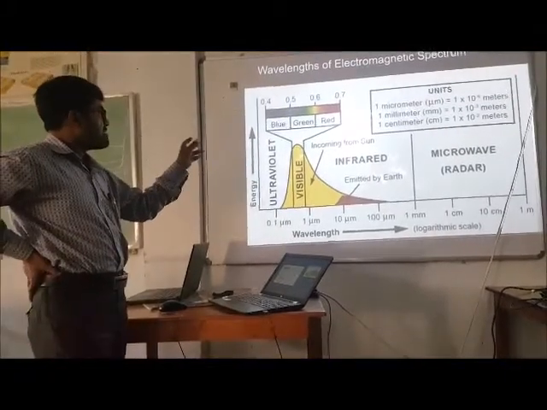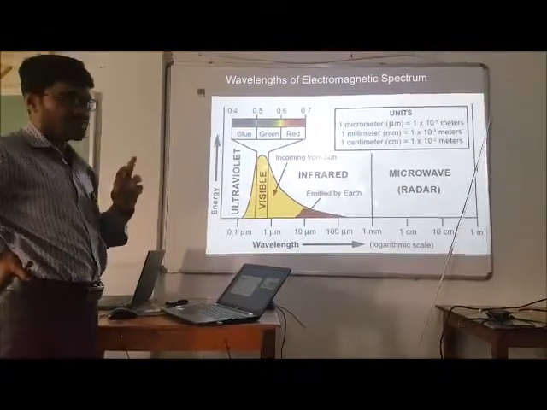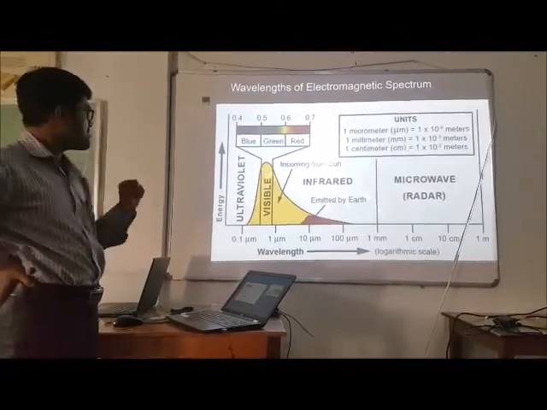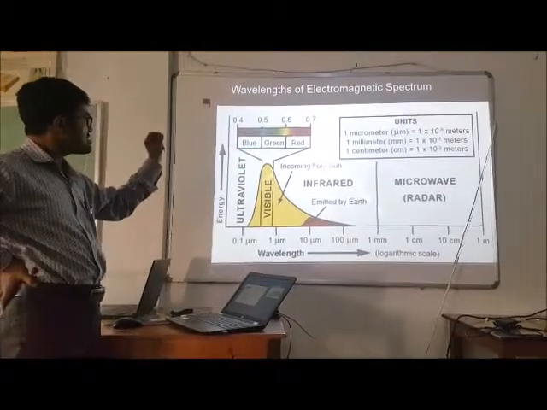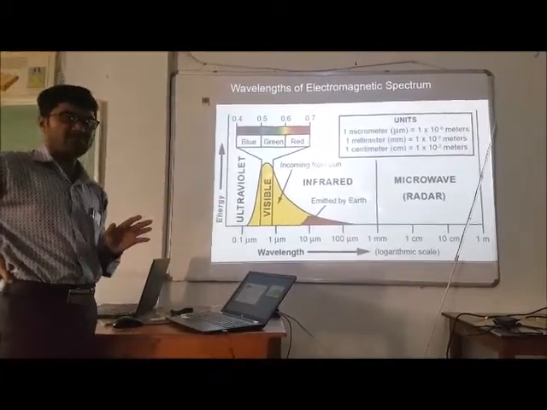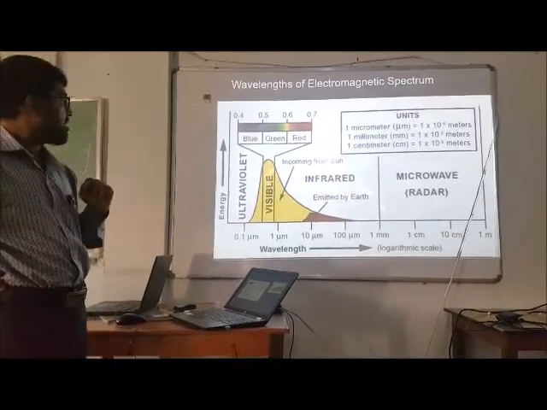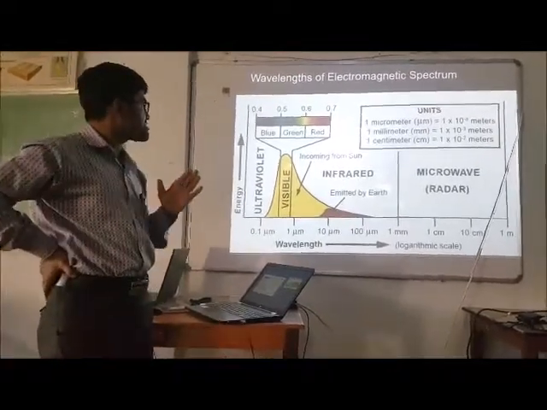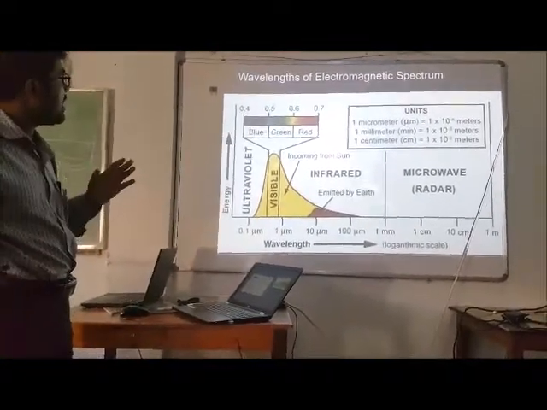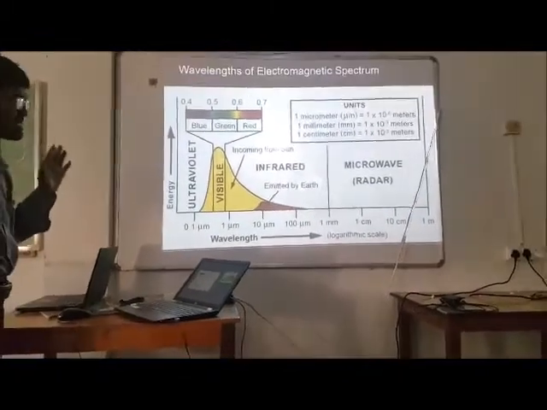The visible band or visible spectrum can be categorized into three parts. The first part is the smallest wavelength part, 0.4 micrometer to 0.5 micrometer, that is blue. Then 0.5 micrometer to 0.6 micrometer is green, and the rest up to 0.7 micrometer is red.